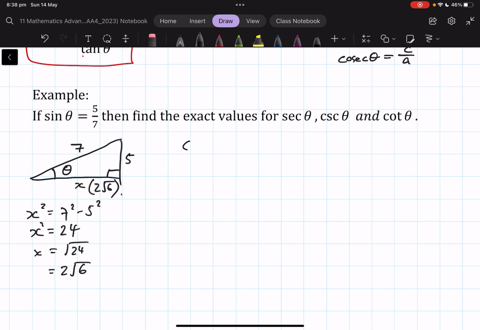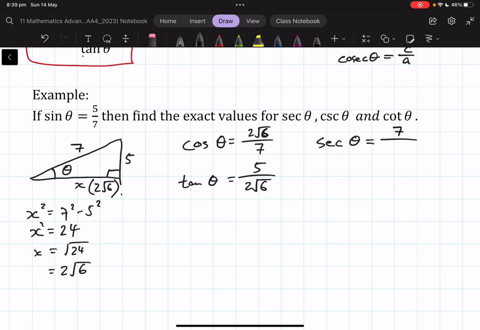So I can write here 2 root 6. Cos theta doesn't require me, I'm just doing it as an exercise: 2 root 6 over 7. And tan theta is equal to opposite over adjacent, 5 over 2 root 6, which I could rationalize the denominator, but I'm not going to. Now sec theta is the reciprocal of cos, so it's the upside down.